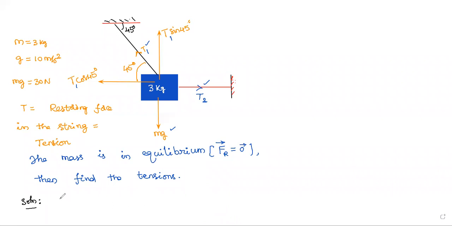Three forces are acting, T1, T2 and mg. Since it is in equilibrium, the resultant force is 0. I have to write the resultant of 3 vectors, that is T1 bar plus T2 bar, the second vector, plus the third vector mg.